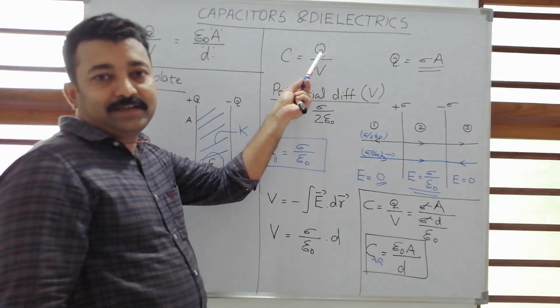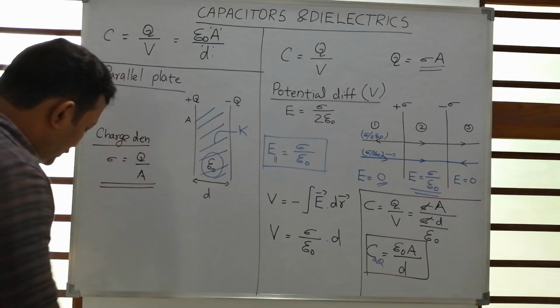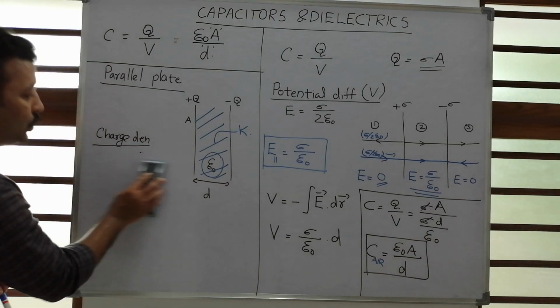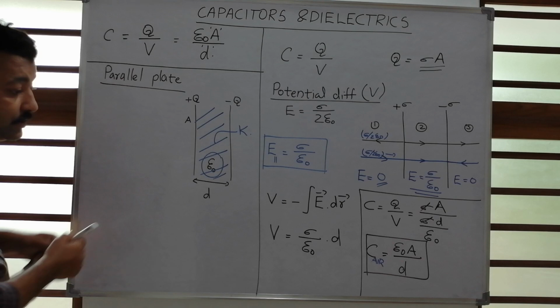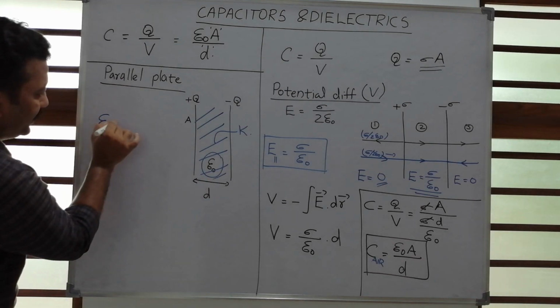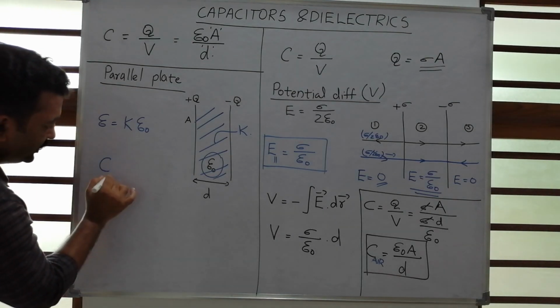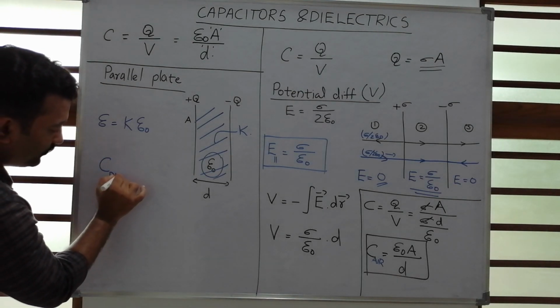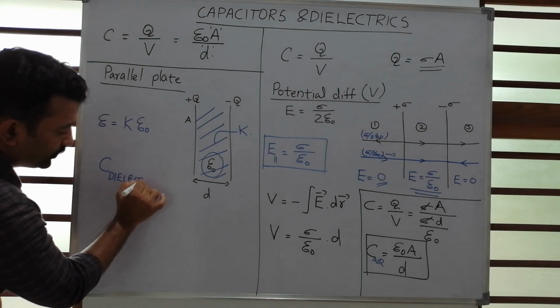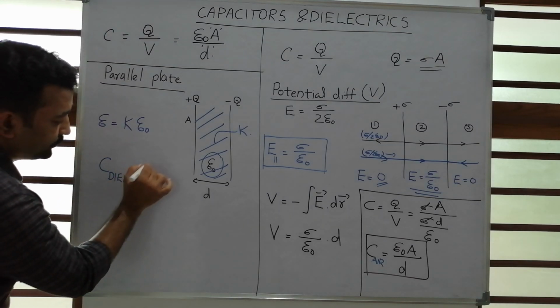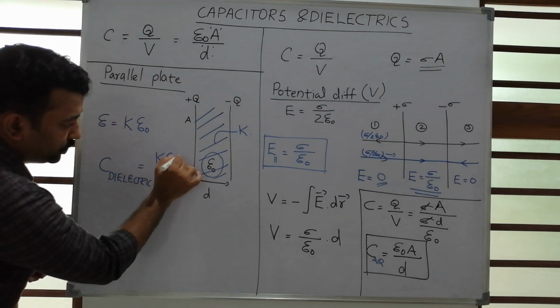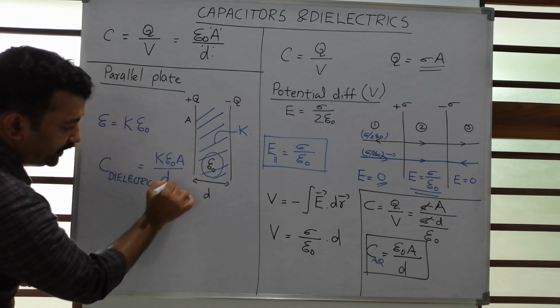I am discussing capacitors and dielectrics. So what will happen to the capacity value? Of course, the value of permittivity in between will increase to K times epsilon 0. The capacity of the dielectric capacitor will become, the expression changes to K epsilon 0 A divided by d.